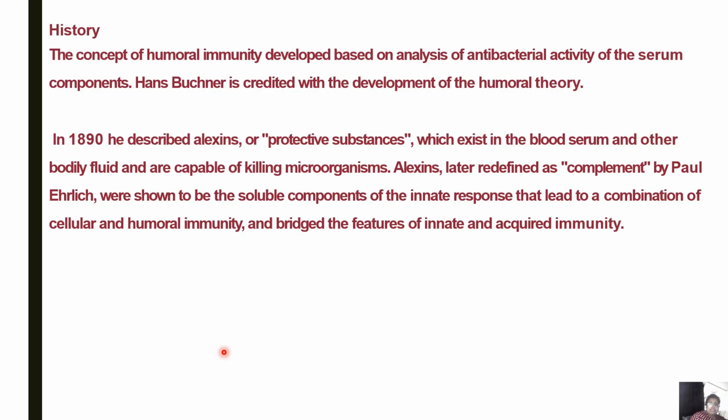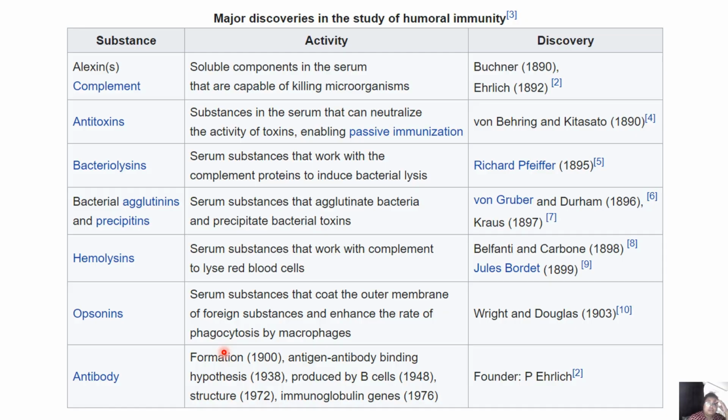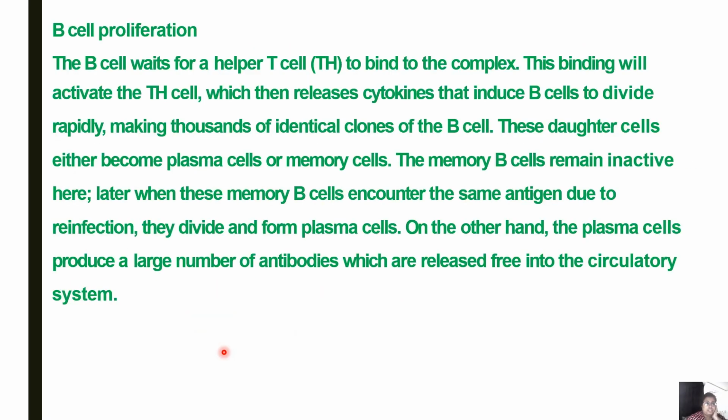Right? So alexins, later redefined as complement by Paul Ehrlich, were shown to be the soluble components of the innate response that lead to combination of cellular and humoral immunity and bridge the features of innate and acquired immunity. Okay, we will not go into too much detail.